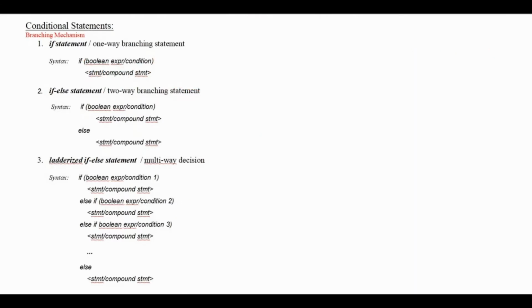The second conditional statement is called the if-else statement. This is also called a two-way branching statement. Two-way because we have here only one condition. If the condition is evaluated to be true, then the program has action block 1 to execute, and the else block is not executed. But if the condition is false, this action block 1 is not executed.